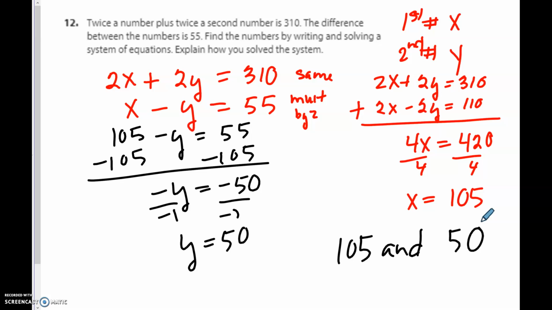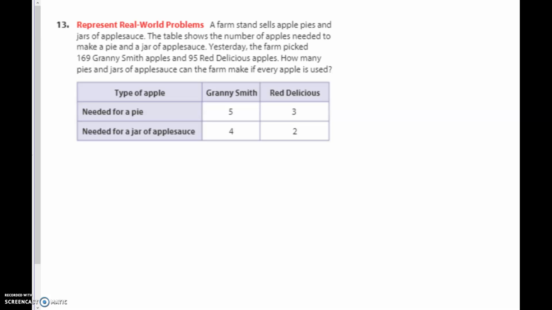All right, we have one last problem to try and squeeze in here and see if we can get it to work out. All right, a farm sells apple pies and jars of applesauce. The table shows the number of apples needed to pick. Yesterday, the farm picked 169 Granny Smith, and it picked 95 Red Delicious.